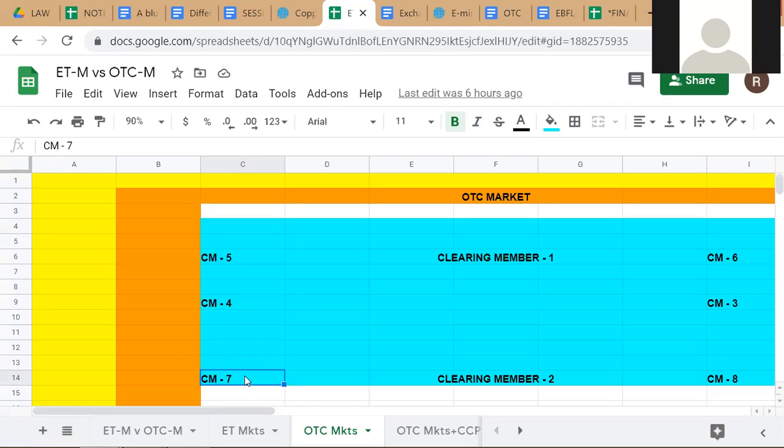Let's say this is Airtel, and this could be a bank. This could be Standard Chartered. So Airtel could be dealing with Standard Chartered in the OTC markets, and each of the counterparties is taking the other guy's credit risk, okay? So Standard Chartered will have certain credit limits set up. They just can't start trading with each other because they need to have credit limits set up for each other because they're going to be taking credit risk.